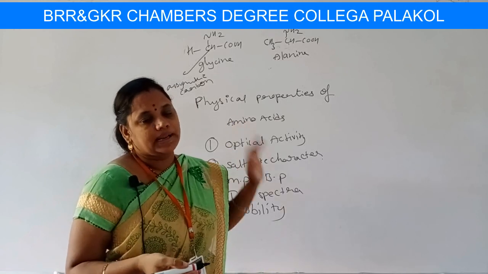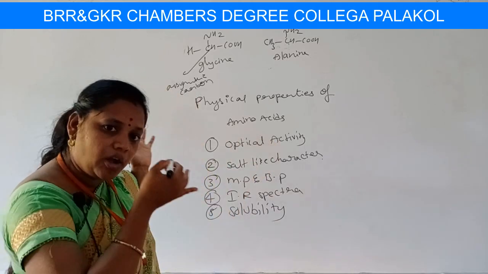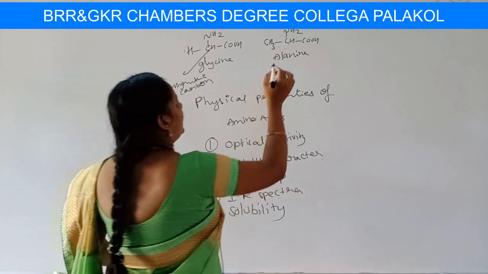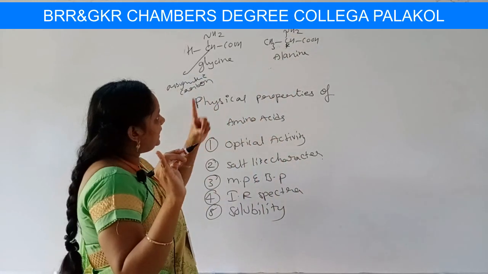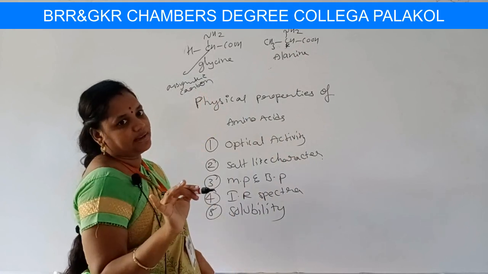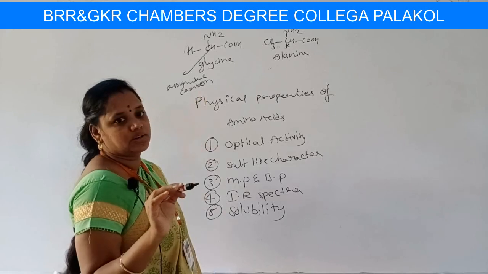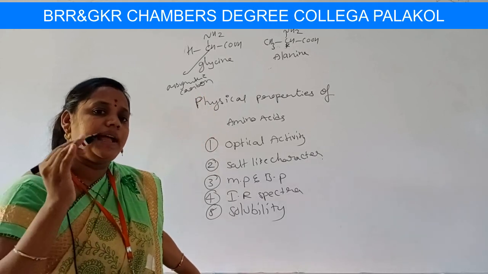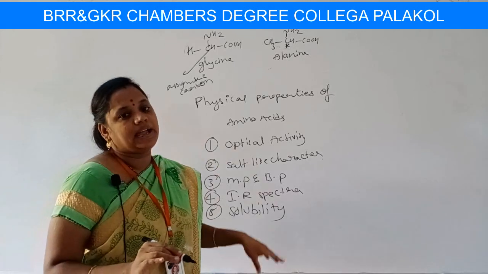If you take alanine, and all the remaining amino acids, the carbon is connected to NH2 on one side, CH3 on the other side, H on one side and COOH on another side. So totally you have 4 different groups. Hence it is called an asymmetric carbon. So except glycine, all the other compounds exhibit optical activity due to the presence of an asymmetric carbon.